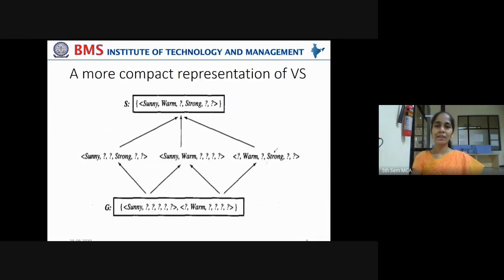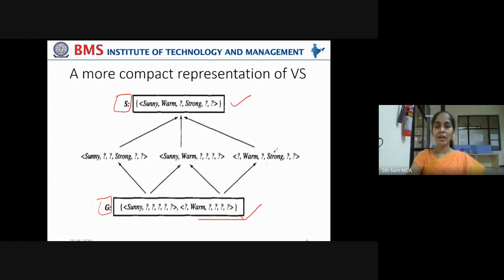Now let us see figuratively how this version space can be defined. Version space will contain the boundary hypotheses. Boundary hypothesis means the most general hypothesis and the most specific hypothesis, represented by G and S respectively. So what is the general hypothesis here?